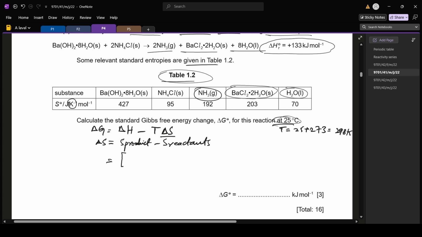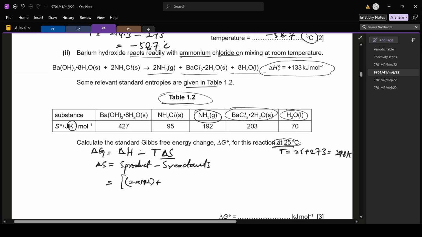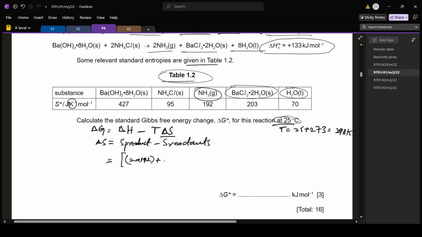There are 2 moles of ammonia, 2 multiplied by 92, plus barium chloride, which has an entropy of 203, plus water, which has an entropy of 70, and there are 8 moles of water.